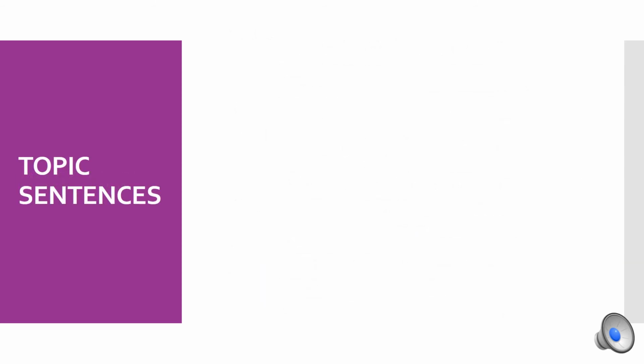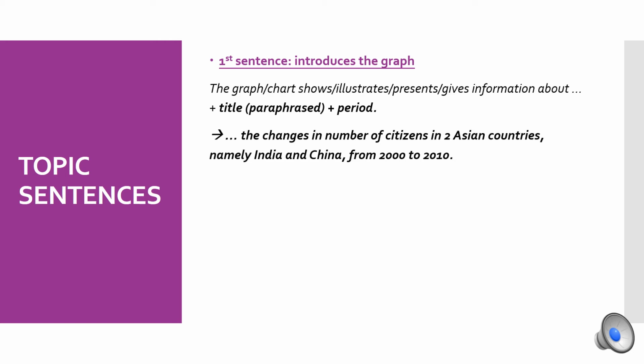So for the topic sentences, I require you to write the first sentence to introduce the graph. The graph or chart shows, illustrates, presents, gives information about, and then you add the title and the period. You can't write about population growth in India and China, in which you copy the title directly and completely.